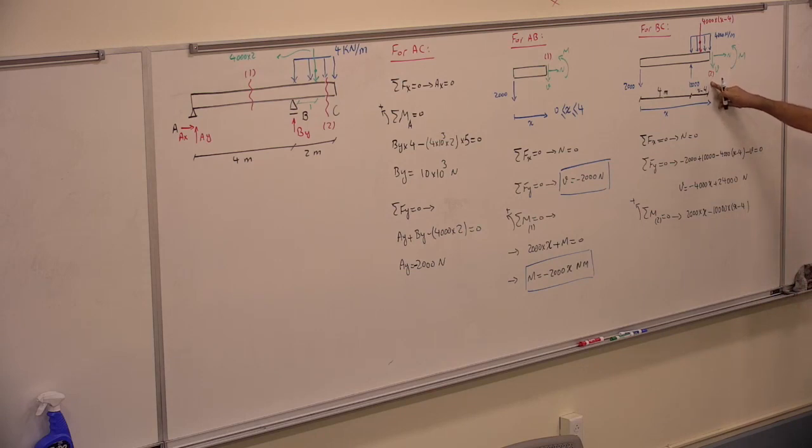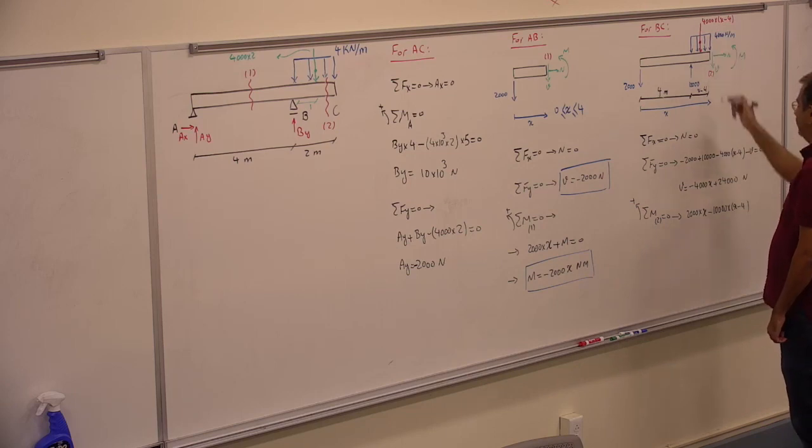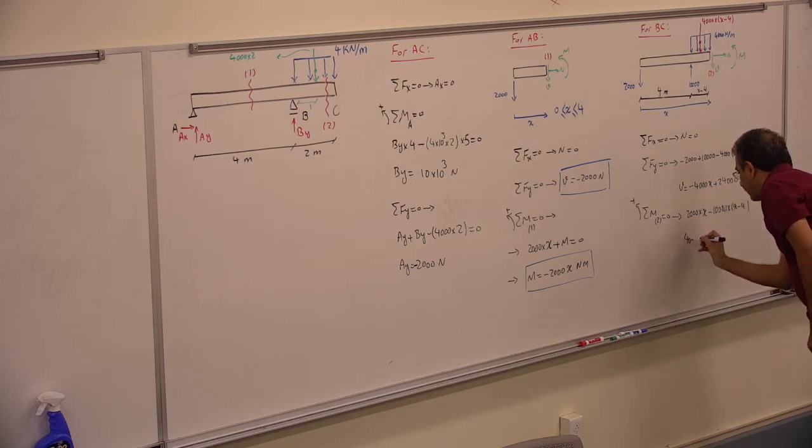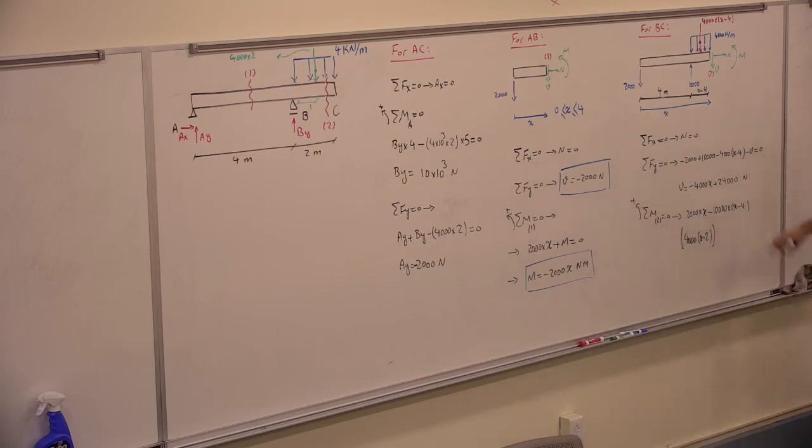What's left? This guy. So the next one is 4,000 times x minus 4, and what's the distance?